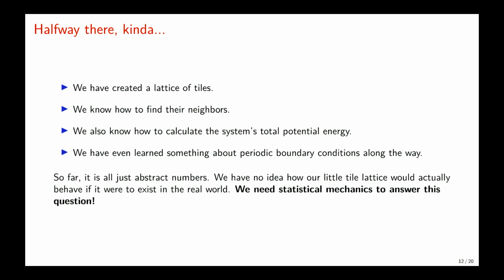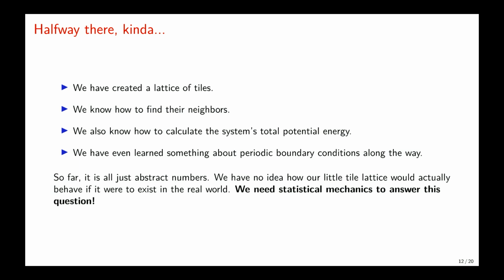All right, so what have we done? Let's recap for a moment, and I think we are already halfway there. First of all, we have created a lattice of tiles, somehow addressed them with a coordinate system, and using this coordinate system, we also have a way to find their immediate neighbors on the lattice. We also know how to calculate the system's total potential energy, or the Hamiltonian, which is really just a fancy way of saying we count how often equal spins or equal values are touching each other.